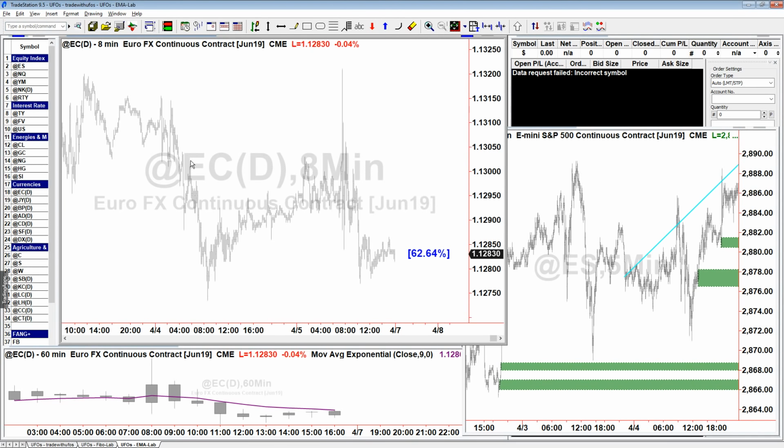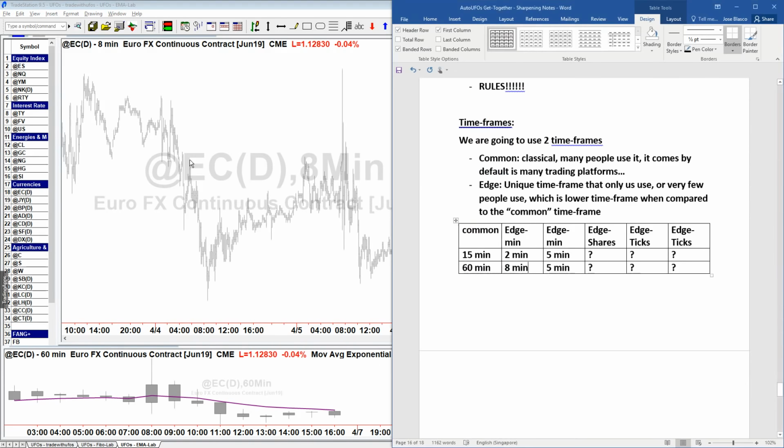When I hit enter, it gives me the 8-minute time frame, as you can see. So with TradeStation, I could come up with very particular types of time frames. As we all know, it's very powerful and a nice platform to have. So this is a change that I will start using on Tuesday.